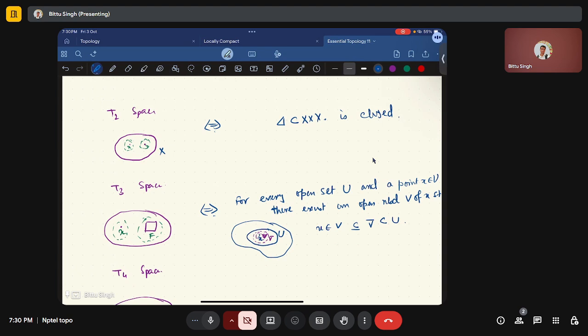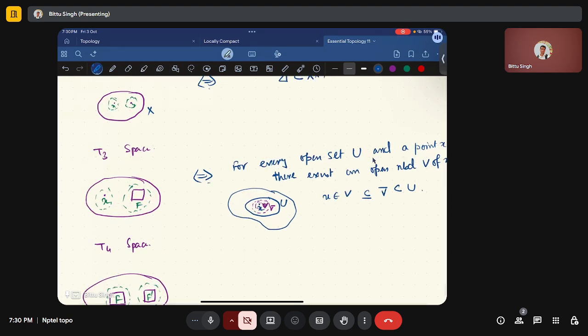Okay. So this is very easy to see. Just to prove this side, this implies this. Take the point x and take the closed set as the complement of U, because U is open, so the complement of U will be closed.